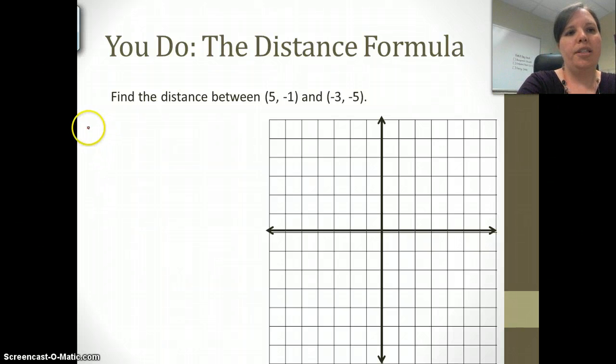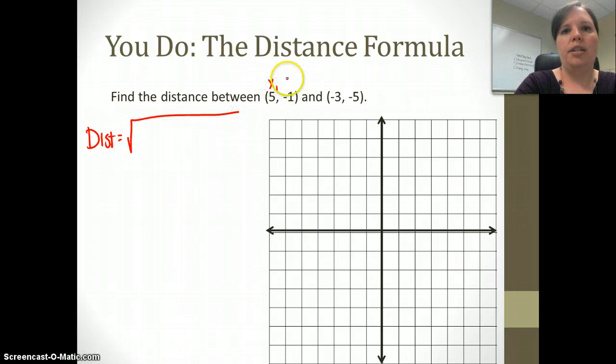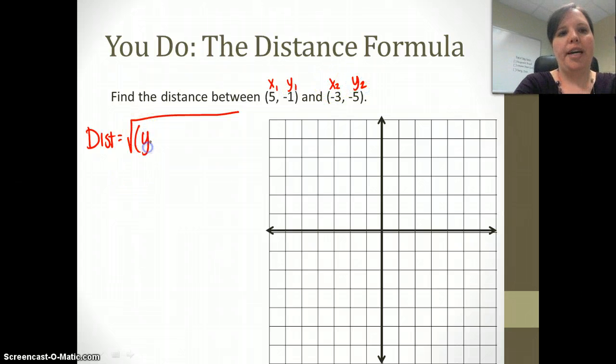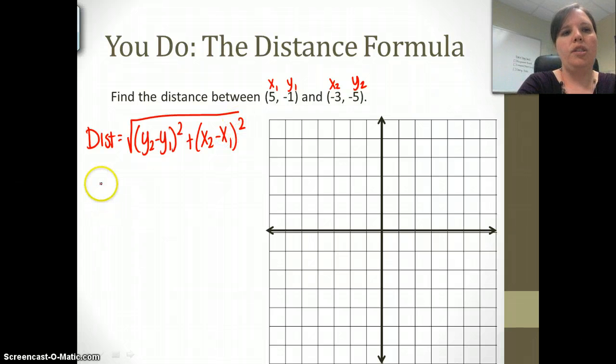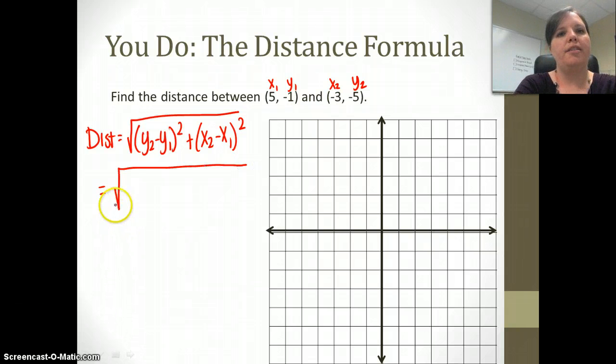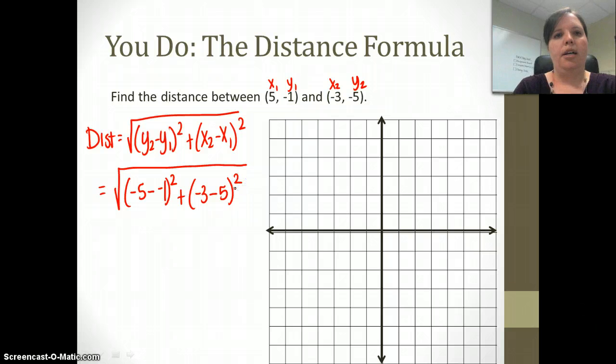So the distance formula says square root of, so this is x1, y1, x2, y2. Says subtract the y's, square it, and in the same order subtract the x's, square it. Whether you do Pythagorean theorem or the distance formula, you should get the same answer. -5 minus -1 squared plus -3 minus 5 squared.